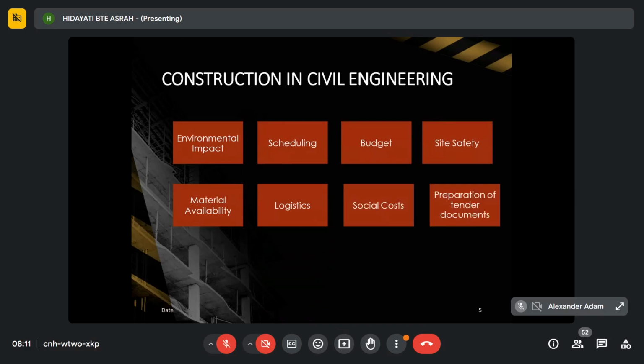You must consider all these 8 criteria when you are involved with the design and execution of the construction of infrastructure.